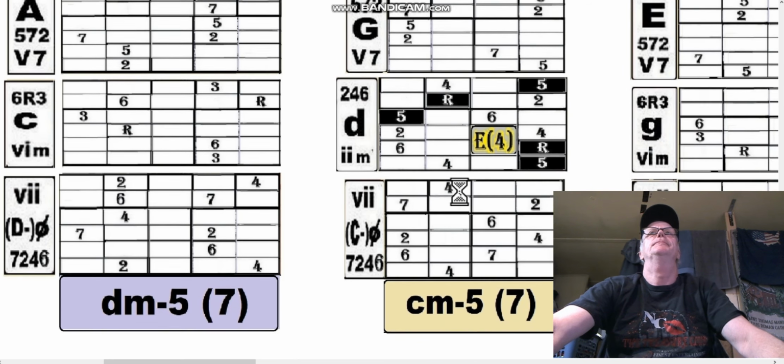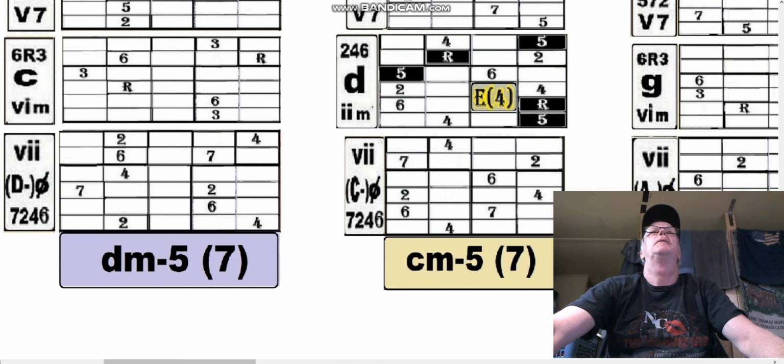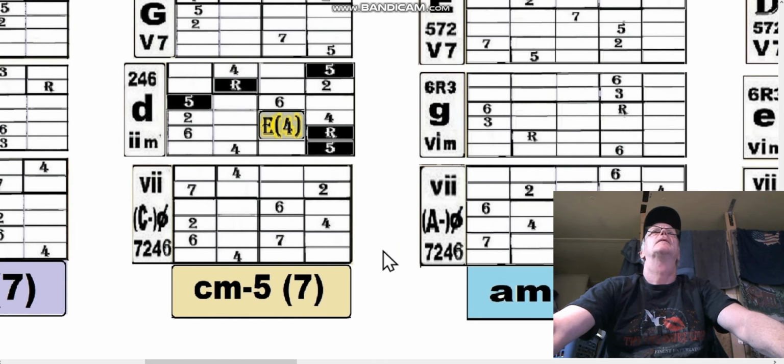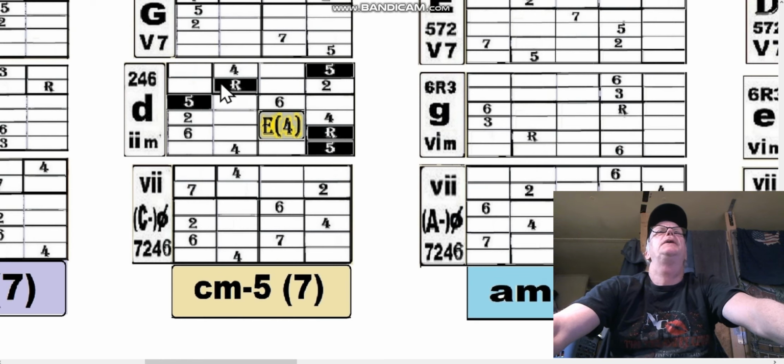This is raw D minor here, and this is, I guess, the C minor diminished shape, 7 half diminished 7th. So look at the similarity in the notes. We got double 4s here, we got 2 and 4 there.